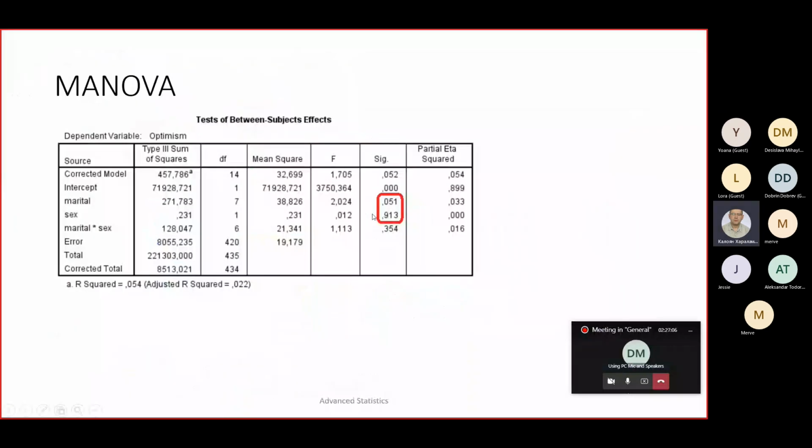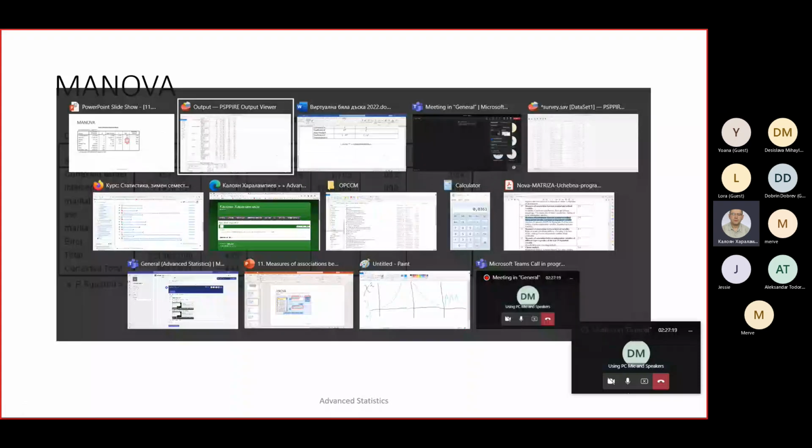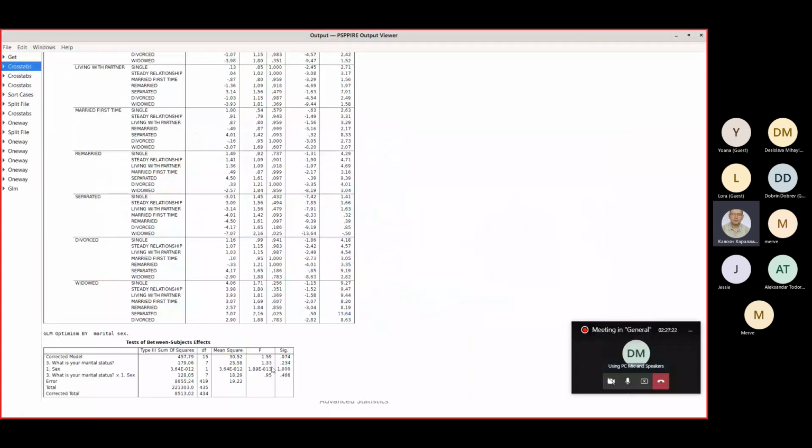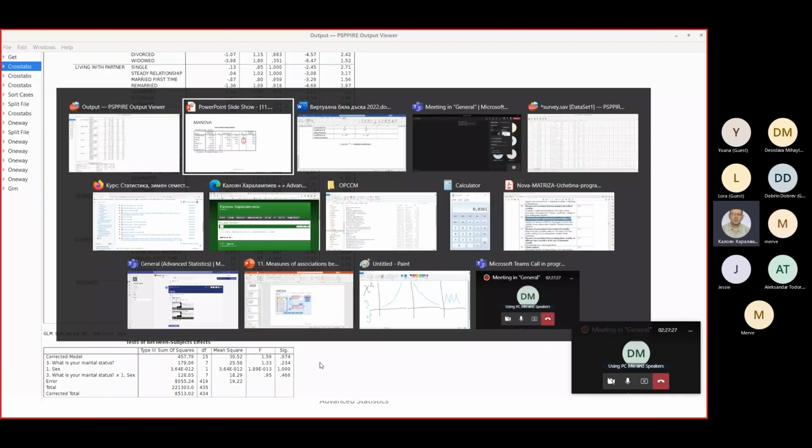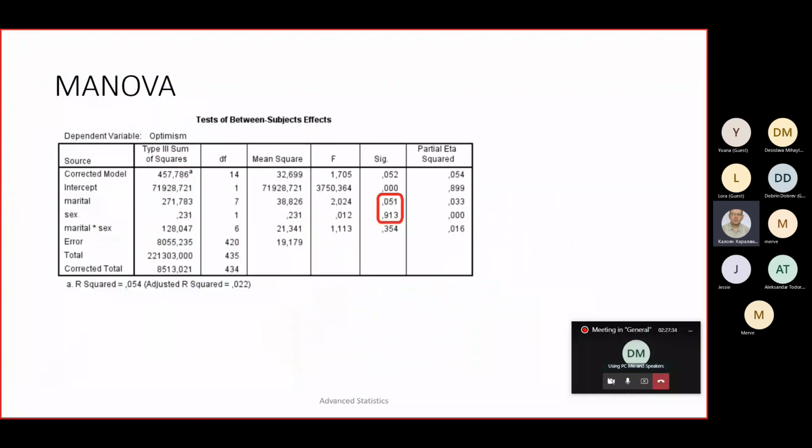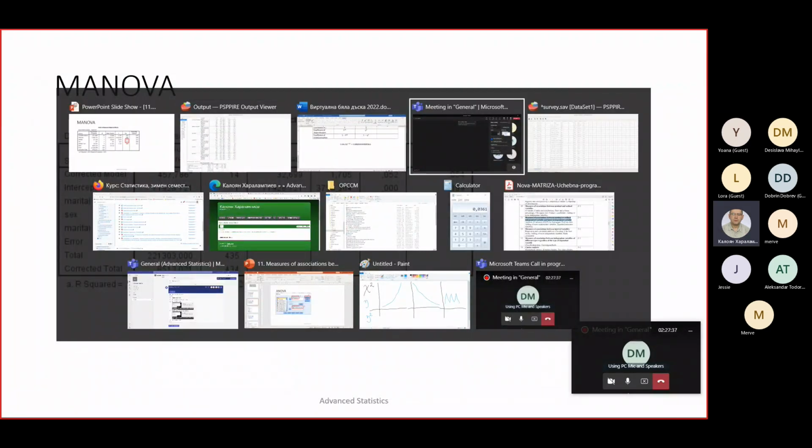In SPSS, for the marital status, significance level is 5.1%, and for gender is 91.3%. But in PSPP, the values are different. Maybe there are differences in the computing algorithms. I don't know. Okay.